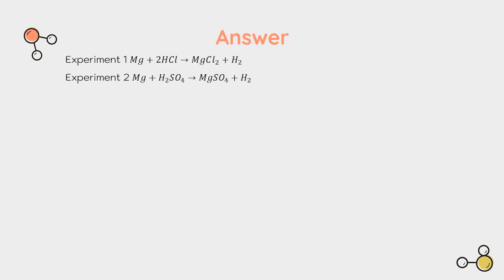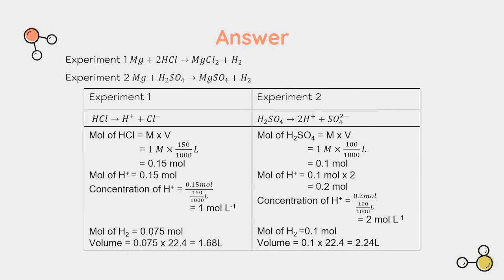So we need to find the concentration of hydrogen ions for both of these experiments, because hydrogen chloride will break down into hydrogen ions and chloride ions, while sulfuric acid will break down into hydrogen ions and sulfate. And so they are the reacting particles, which is why we have these two equations here.